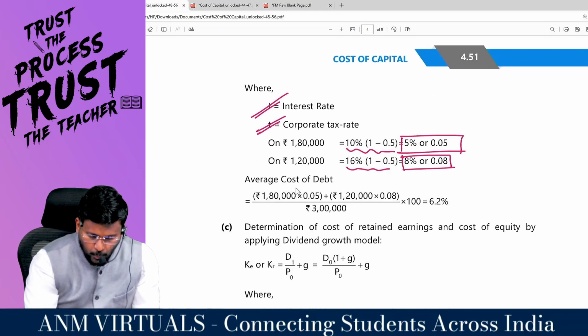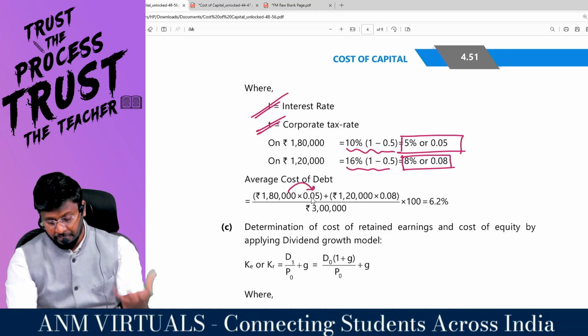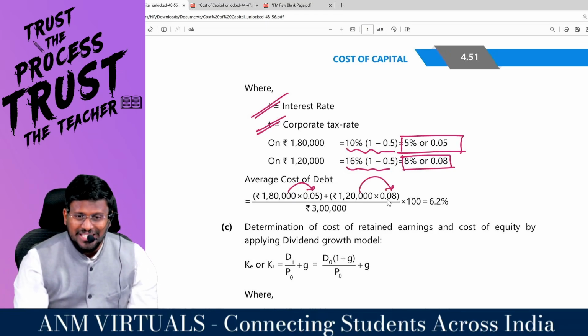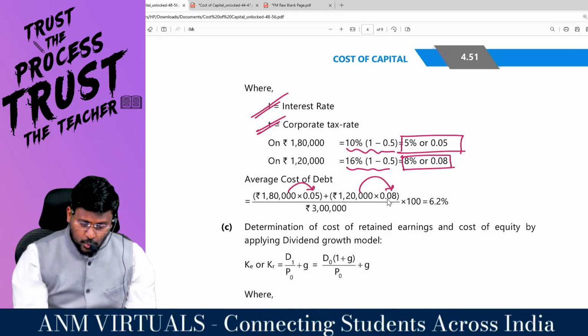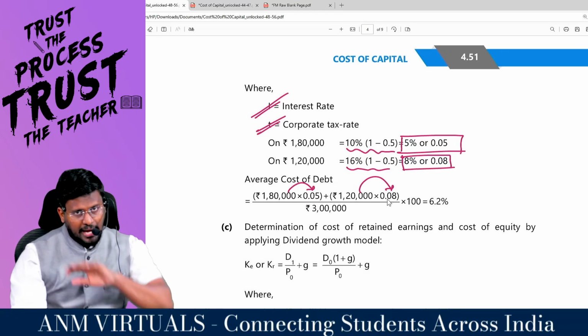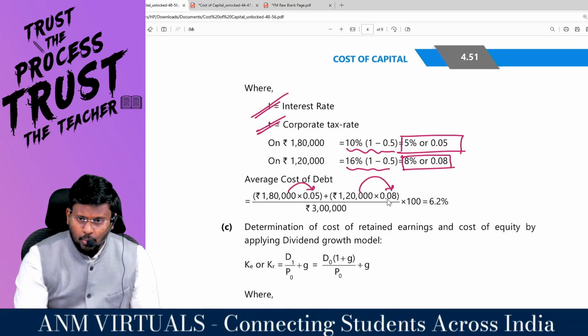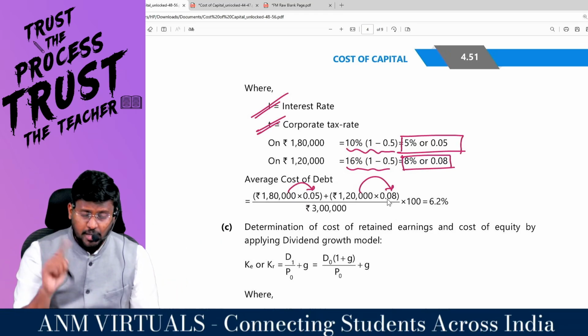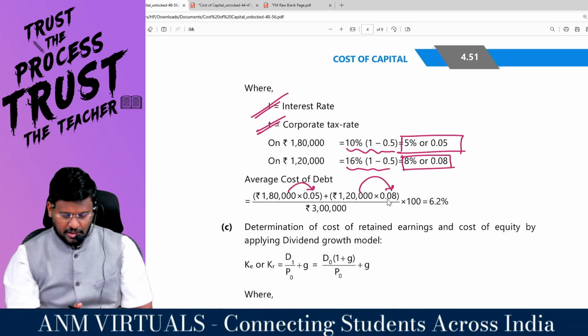So for the average cost of debt, on 1,80,000 rupees you are supposed to pay 5% interest after tax, and on 1,20,000 rupees 8% after tax. What we have done is, on 1,80,000 we took 10% and reduced 50% tax, which is the same. On 1,20,000 we took 16% and reduced 50%, but they have taken only the after-tax 8%.